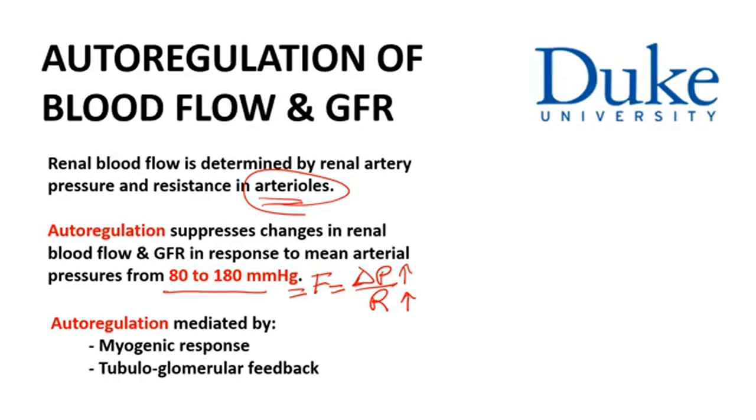The autoregulation is mediated by two major mechanisms. The first is a myogenic mechanism, which is simply that if we deliver more blood to the arteriole, we will stretch the walls, and as we stretch the smooth muscle of the walls, that will open stretch-activated channels and allow calcium to enter into those cells, and the smooth muscle cells will contract.